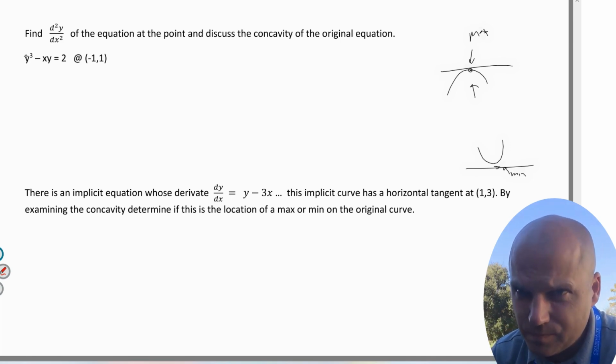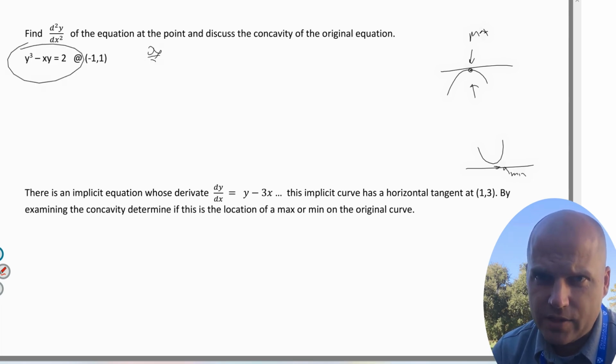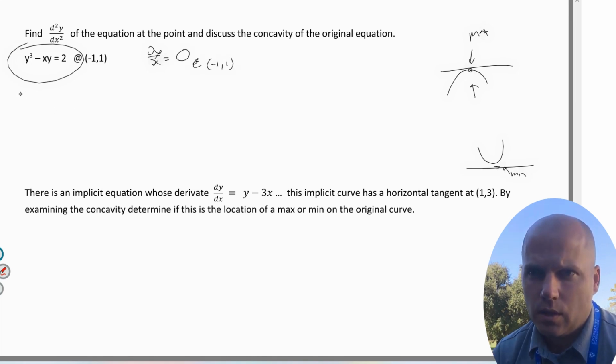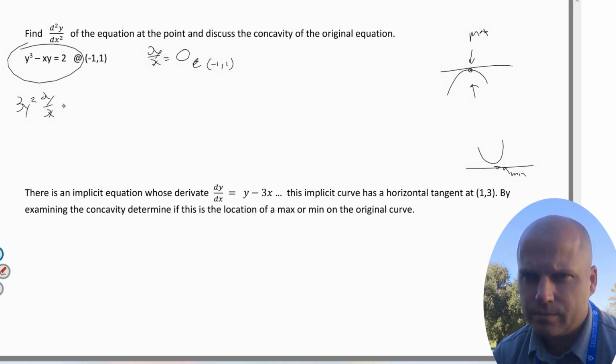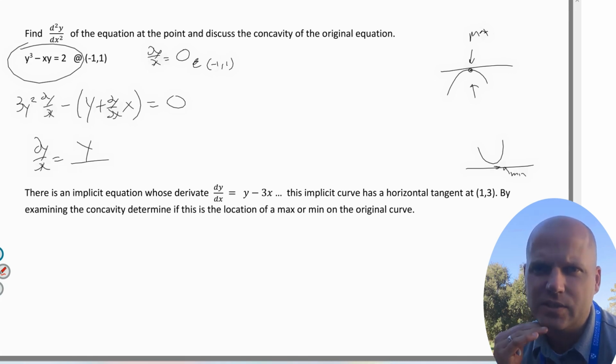So, this equation has a horizontal tangent at (-1, 1). If I looked at the slope of it, which I did earlier, it's not equal to 0 at -1.